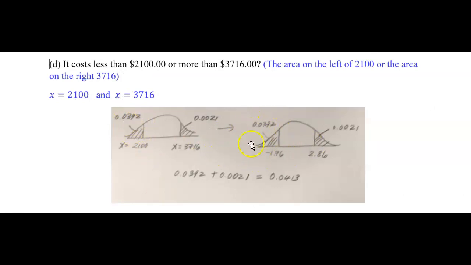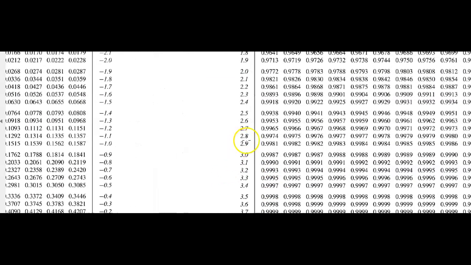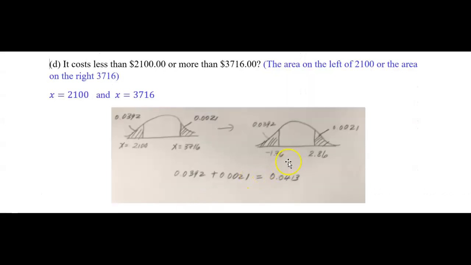Now, what's the area to the right side of 3716? Well, first find the area for 2.86. 2.86 is 2.8, then 6 in the column, right? 2.86 is this number. But remember, this is the area on the left side of 2.86. It's the left side, all this area here. We don't want that. Subtract it from 1.